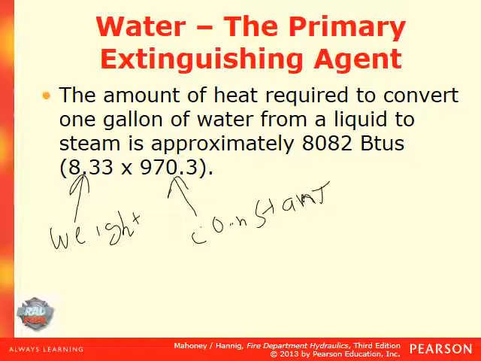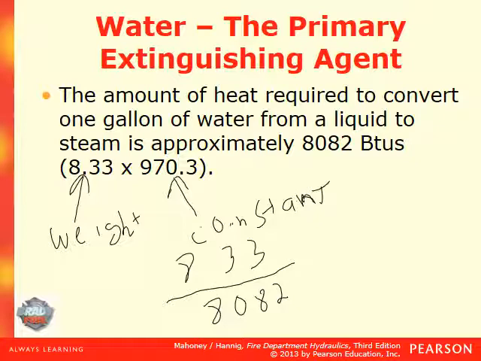So we know that 1 gallon of water is 8.33, and it takes 8,082 BTUs to convert that liquid to steam. So, what if we had 2 gallons of water and we wanted to convert it to steam? How many BTUs is it going to take? First, we have to figure out the weight of the water.